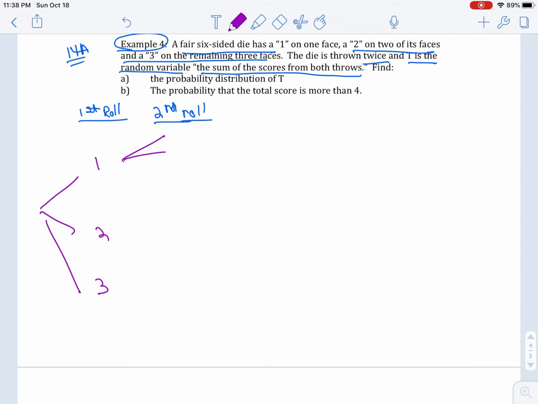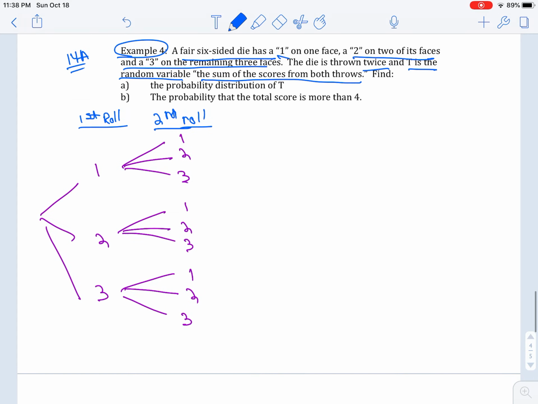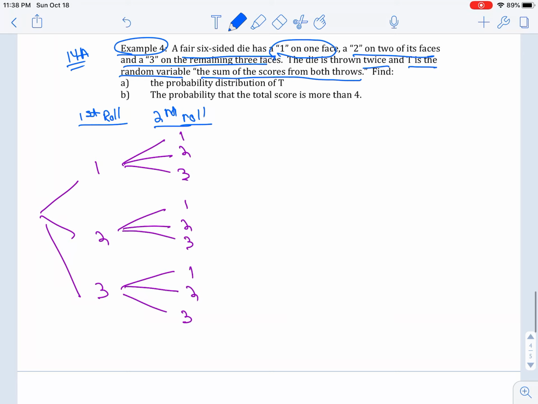Off of each of those, for the second roll, we have 3 outcomes, 1, 2, 3, 1, 2, 3, 1, 2, 3. Remember that this die only has one 1 on the face, it has two 2s, and it has three 3s.